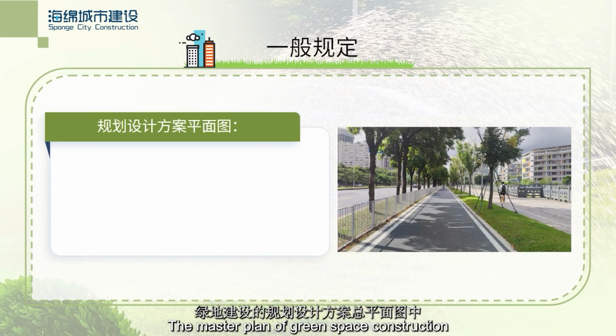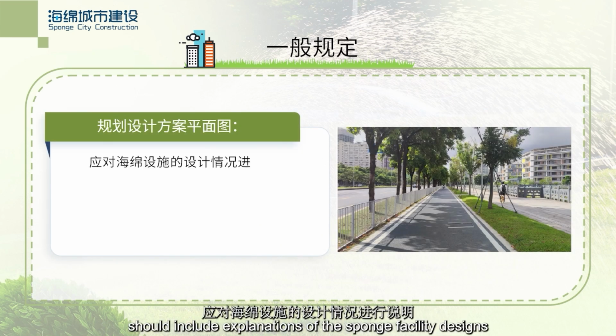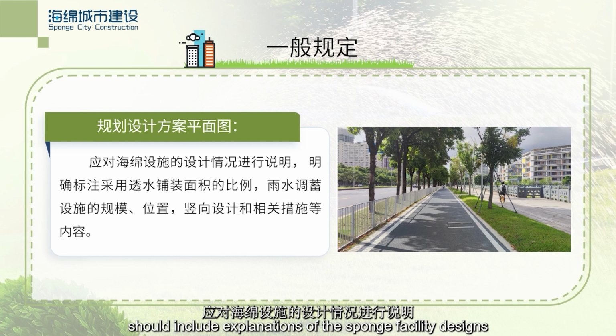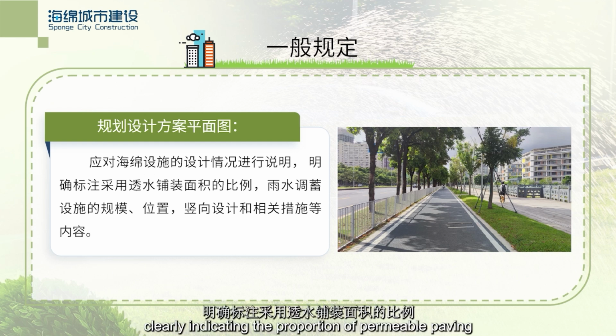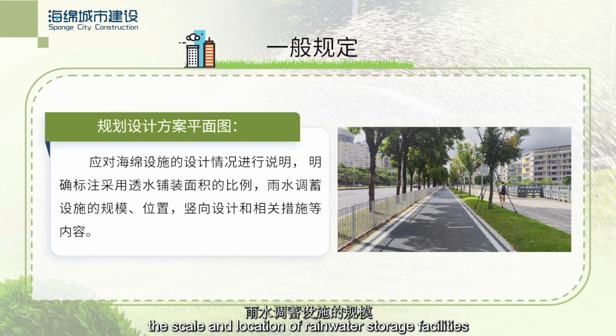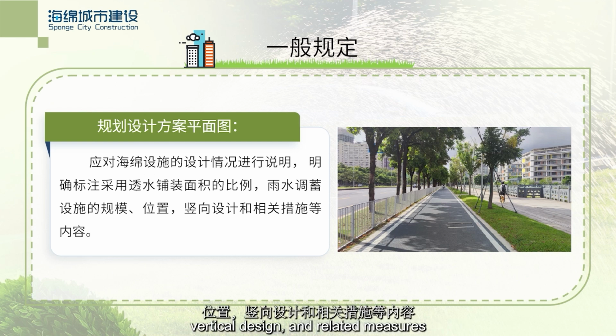The master plan of green space construction should include explanations of the sponge facility designs, clearly indicating the proportion of permeable paving, the scale and location of rainwater storage facilities, vertical design, and related measures.